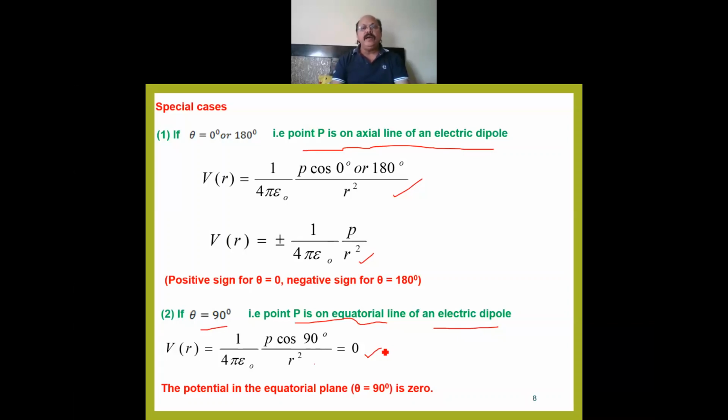From here, there is one interesting question that CBSE asks many times in examination: write a point where electric potential is 0 but electric field intensity is not 0. The answer is very simple. That is at a point on the equatorial line of an electric dipole, where electric field intensity is not 0 but electric potential is 0.